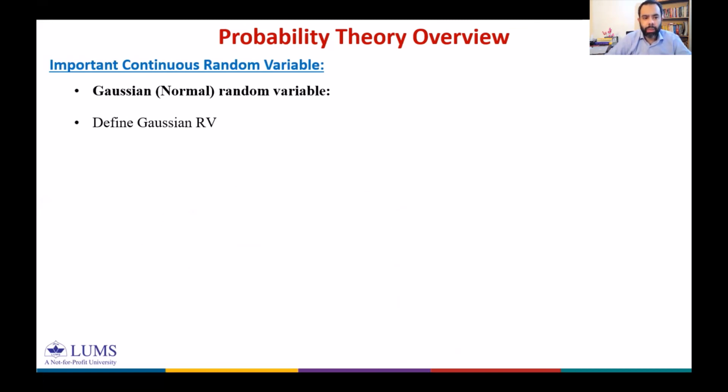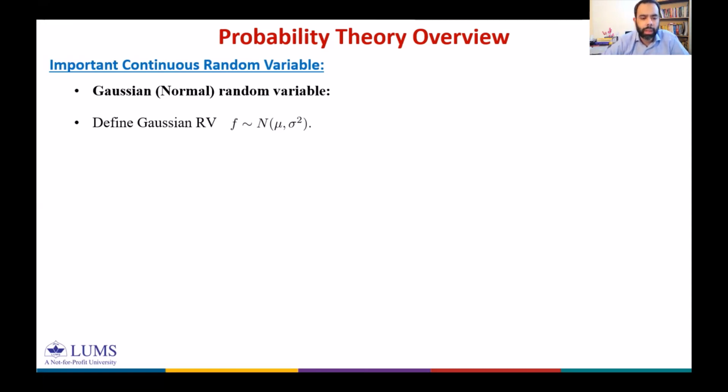Now the most important random variable, widely used. In fact, we will see it, we use it in tons of applications. A Gaussian random variable. Right? Some people refer to it as a normal random variable, or they refer to its PDF as a bell curve.